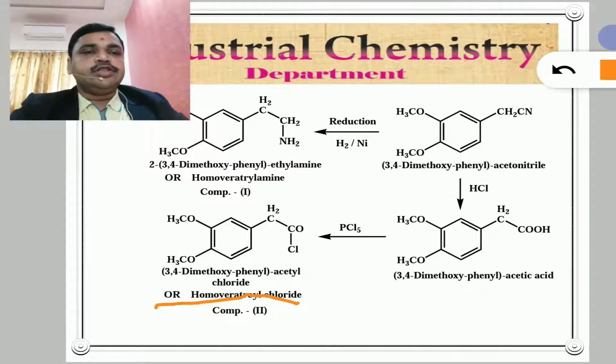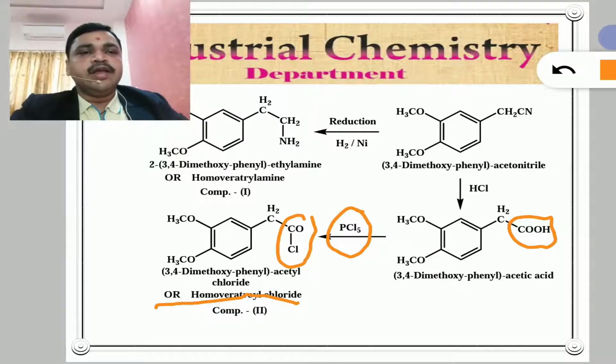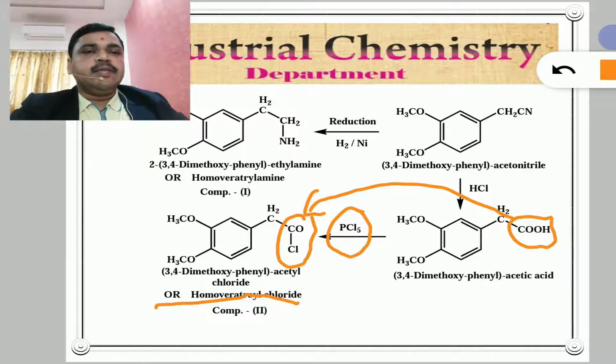With PCl5, COOH is converted into COCl, and we get 3,4-dimethoxyphenyl acetyl chloride. It is known as homoveratroyl chloride. This is our compound number 2 for this synthesis.